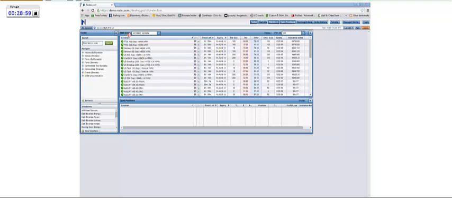You could set it up where you have different watch lists and everything, and this is just the basic layout when you first bring up the platform, but you could set it up to just show the markets that you want to follow. So we'll click on commodities, and we want to look at gold. So we'll click on gold.